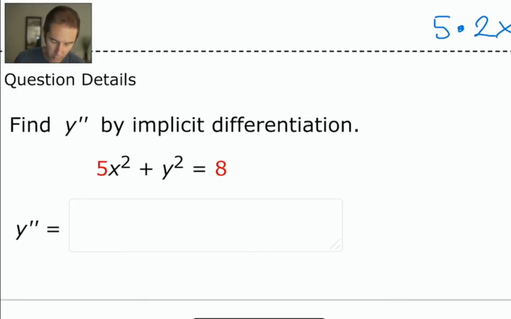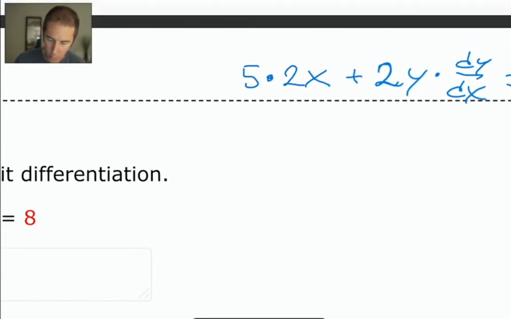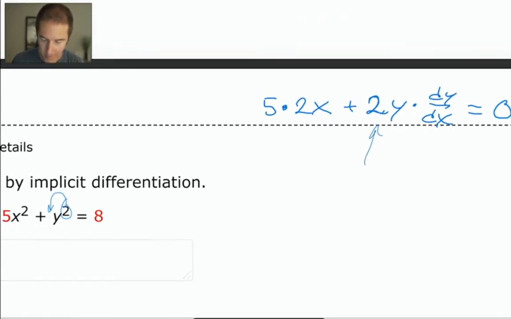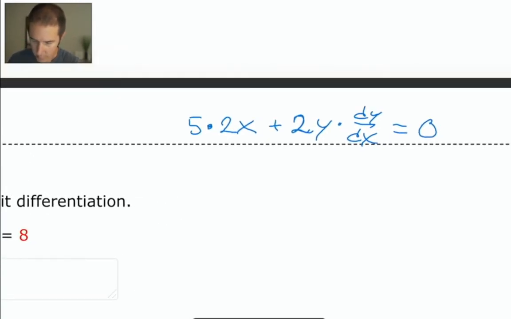Right, because this 2 multiplies out front, so it makes it 2y, then we decrease the exponent by 1, so now it's 2y to the first power, but then we have to multiply by the inner function. Remember, y is the same thing as some other function of x, so we have to use the chain rule, multiply by the derivative of y. We denote that as dy dx. So this is a good start.